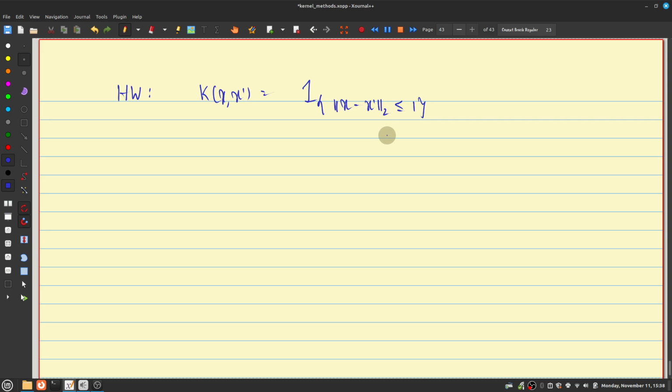It's a function from R^d cross R^d to R. It takes only two values, either 0 or 1. So find whether this is a PDS kernel or not.